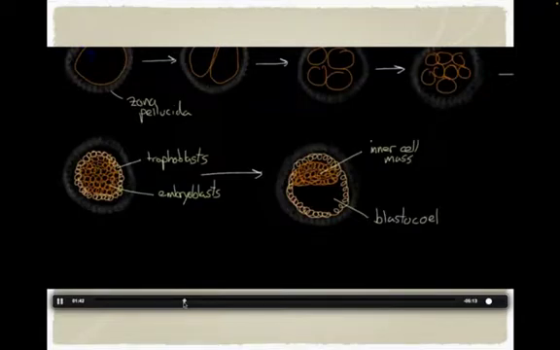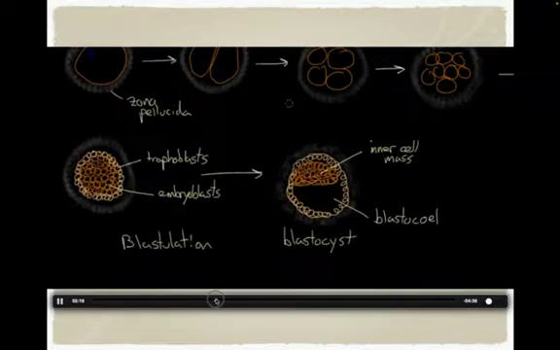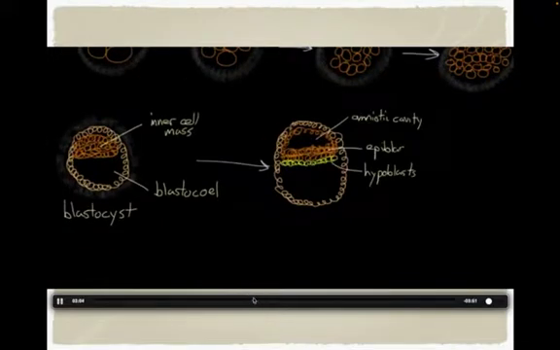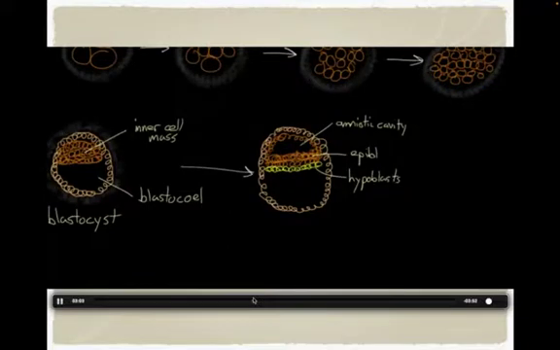And then we're going to have a cavity, we call it the blastocele, and then further divisions and differentiation result in the formation of a new cavity called the amniotic cavity. And then the inner cell mass will differentiate into epiblast and hypoblast.